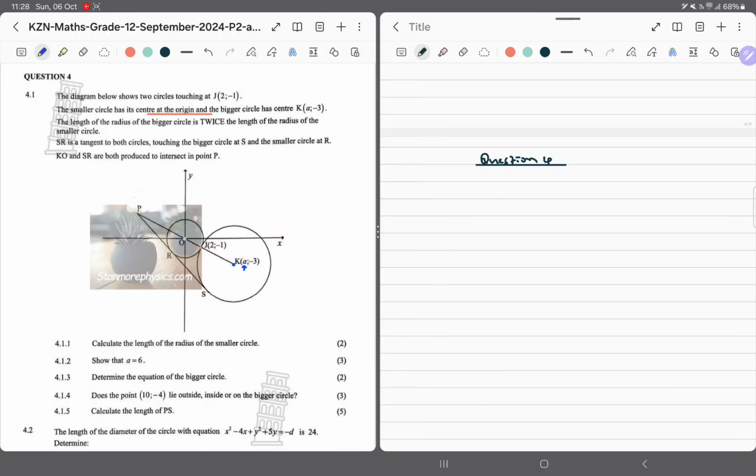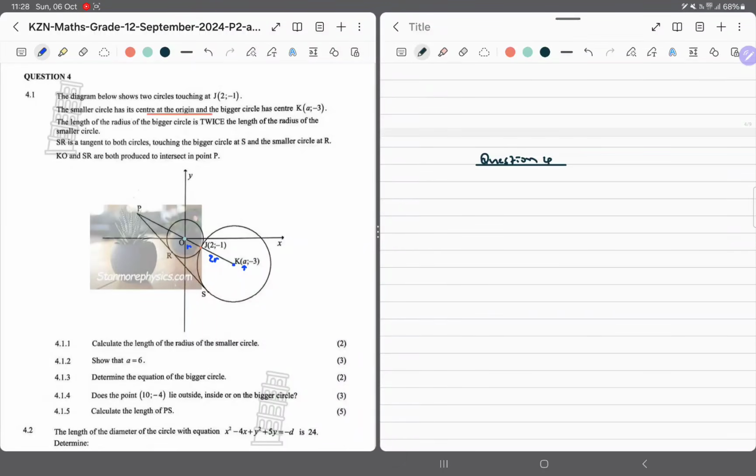All right, the length of the radius of the bigger circle, can you see, is twice the length of the radius of the smaller circle. So if we say the smaller circle radius is R, then if we say this is R, then this one is going to be 2 times R. Right?